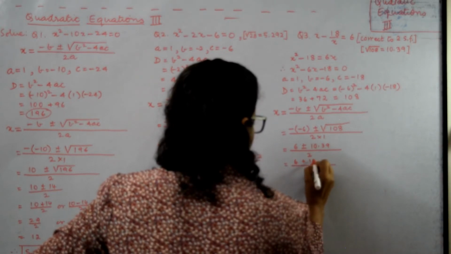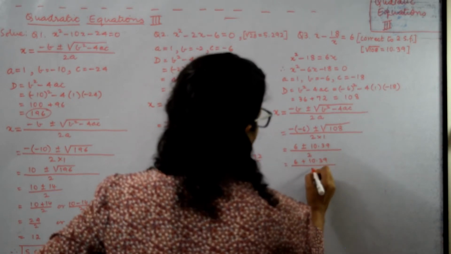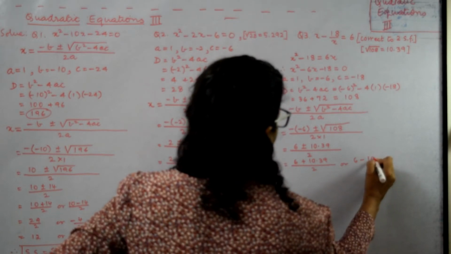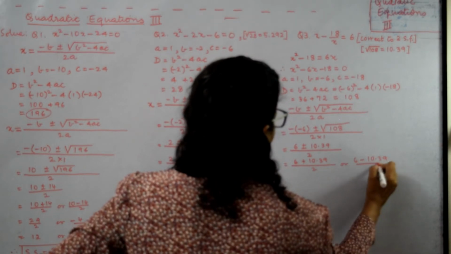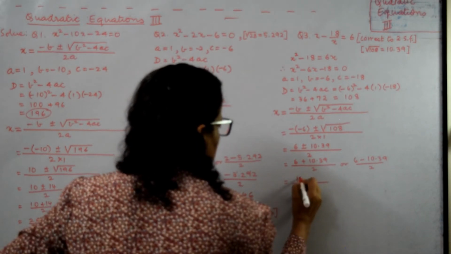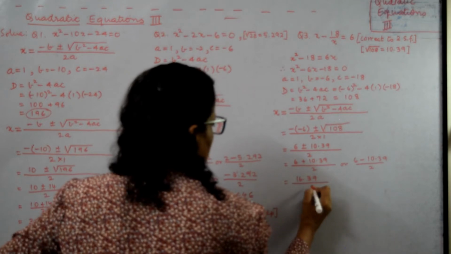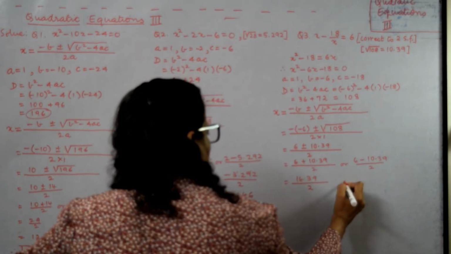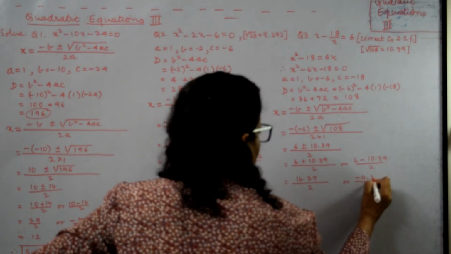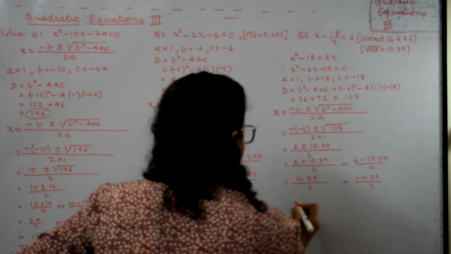6 plus 10.39 upon 2, or 6 minus 10.39 upon 2, which will in turn give 16.39 upon 2, or here it will be minus 4.39 upon 2.